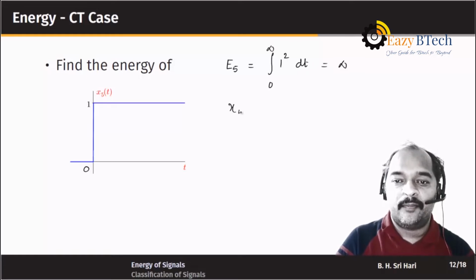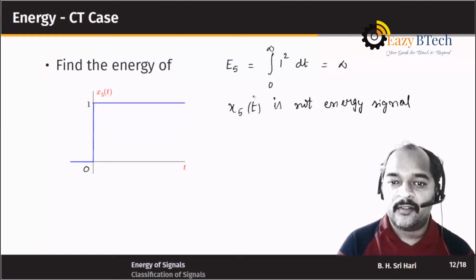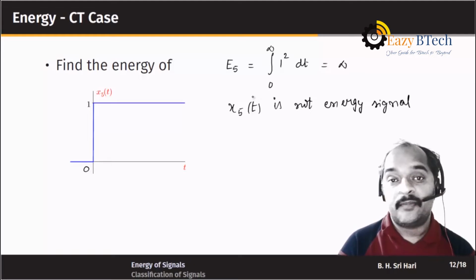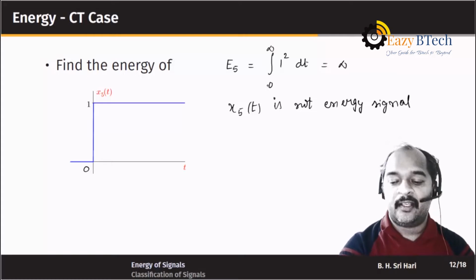So this implies our signal x5 of t is not an energy signal. When do you say a signal is an energy signal? If its energy is finite, then we say the signal is an energy signal. If the energy becomes infinite, we say the signal is not an energy signal.